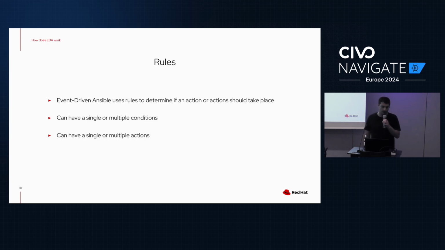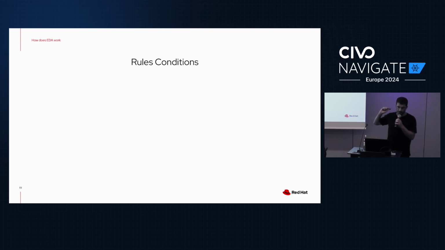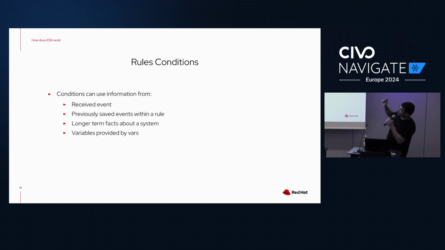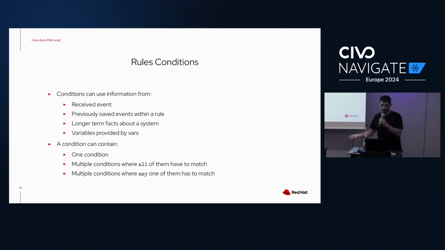And just to give you some examples of rule conditions, it can use the received event for the rule itself. It can also look at previous events that happened in the same rule, and also variables and other things that can be stored throughout runs. And a condition can contain one or multiple sub-conditions, and those can be with ands or ors, basically.